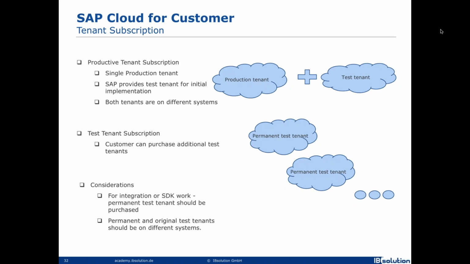When you're done with the implementation part, you can request the production tenant, and during the creation of the production tenant, SAP will automatically copy all the configurations, all the enhancements, and even the level 0 master data. You'll get all this information from the test tenant, without the transactional data, of course, into the production tenant.